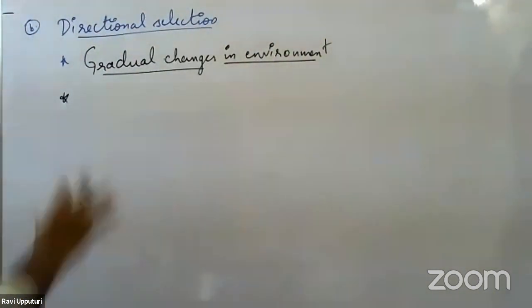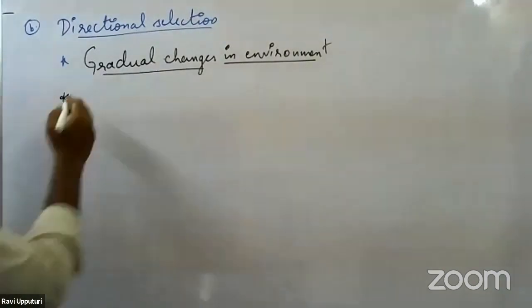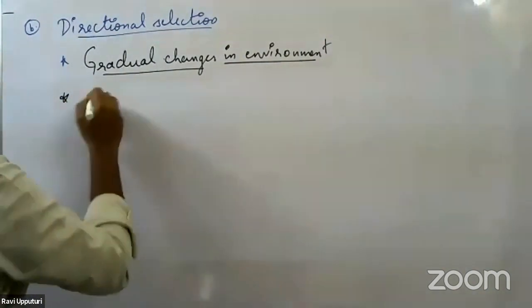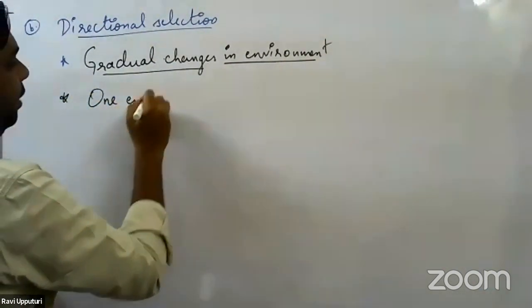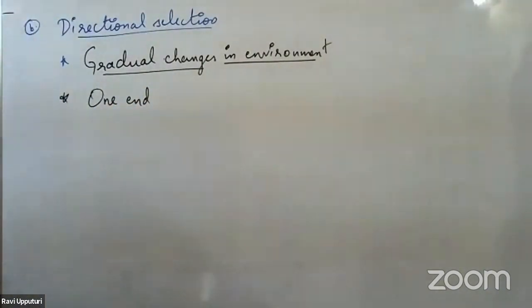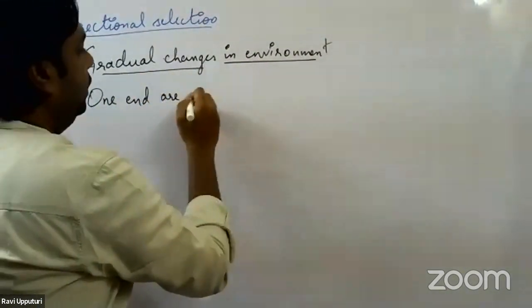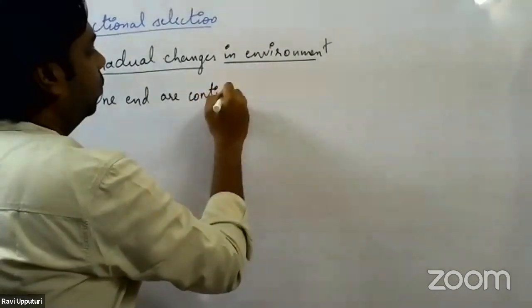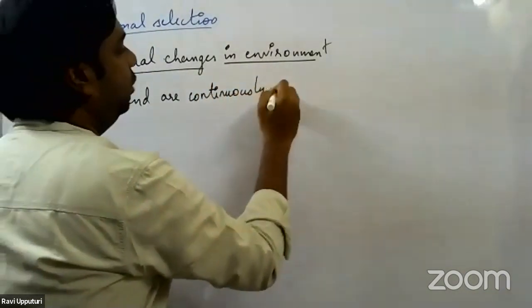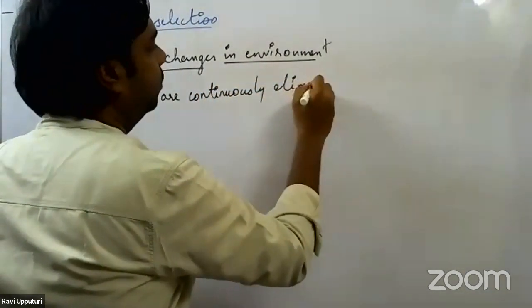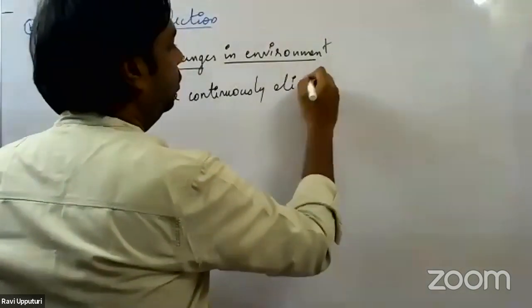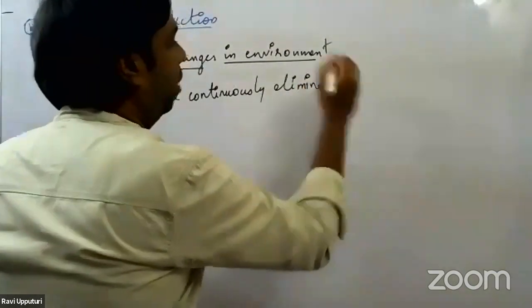What does it mean? In this type of selection, individuals present towards one extreme or one end of the phenotypic distribution curve are continuously eliminated from the population.